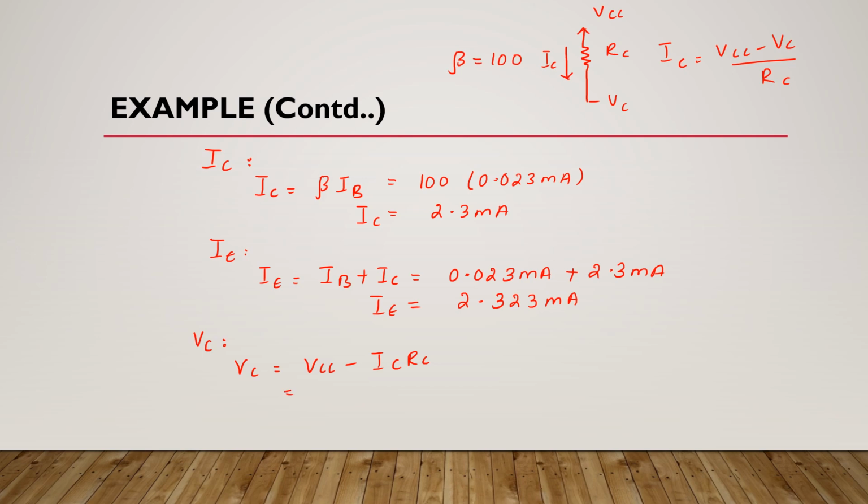Here VCC is 10 volts, IC is 2.3 milliamperes and RC is 3 kilo ohms. After solving this, you will get VC is equal to 3.1 volts. Now you have found all the terminal currents and all the nodal voltages. It means your DC analysis is done.